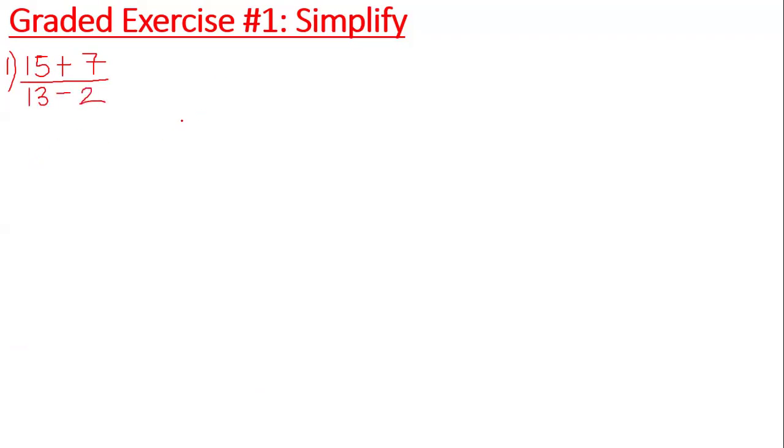Number 2, we have 30 plus 15 all over 20 minus 11.